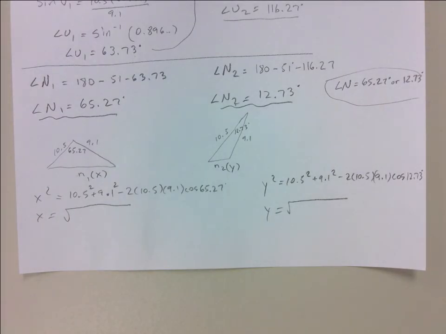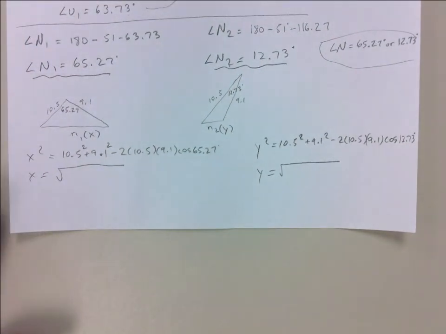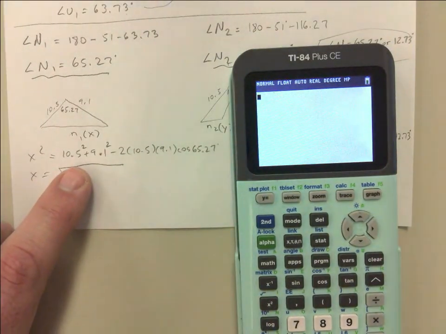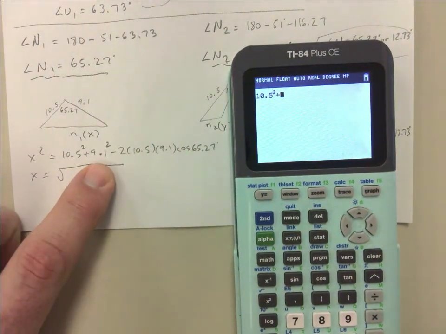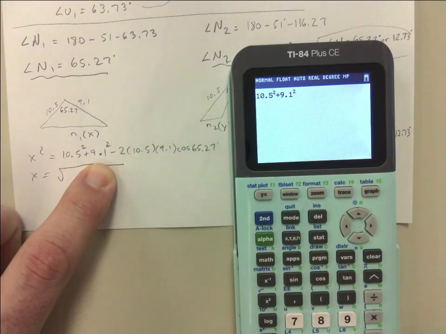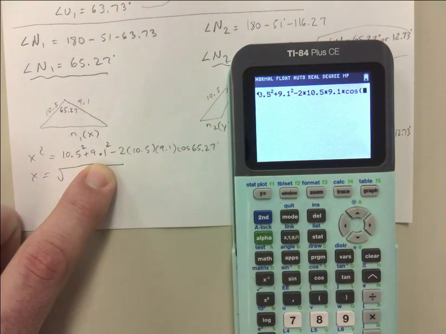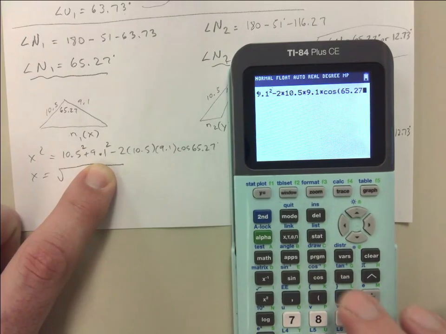And here's where I always like to be efficient, to not waste time. This is why I use cosine law. I'm going to show you why I like cosine law for this particular case. So basically, I type this in. I go 10.5 squared plus 9.1 squared, sorry, minus 2 times 10.5 times 9.1 times cosine of 65.27.